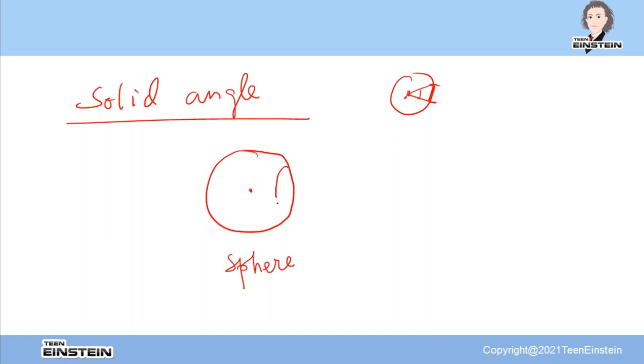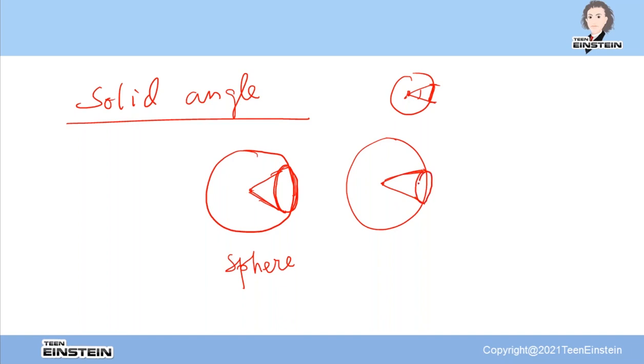Suppose this particular surface subtends an angle. So I have a sphere, and I'm just taking a part of the sphere.